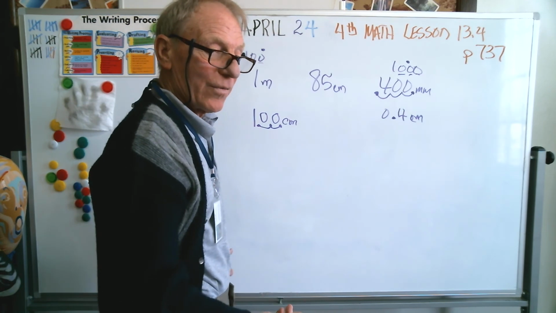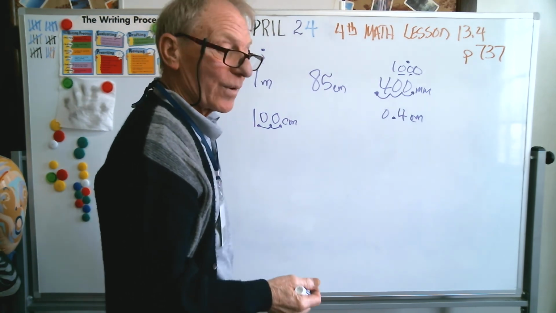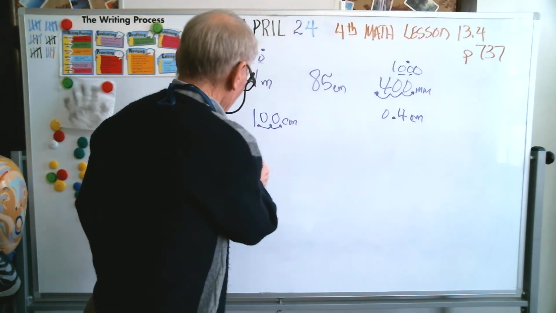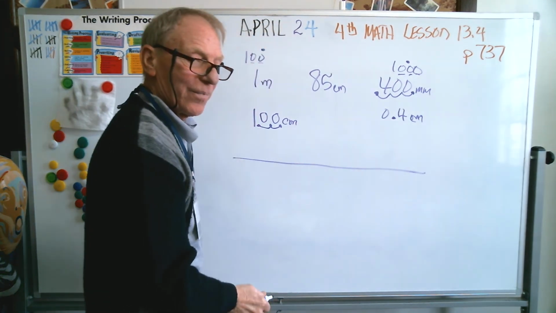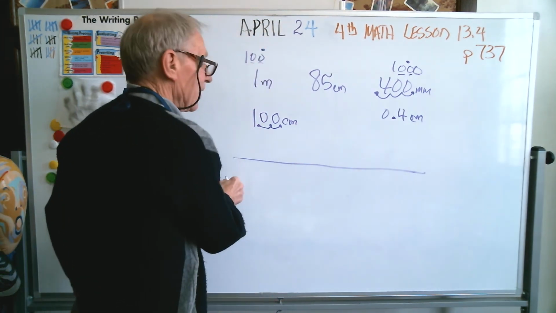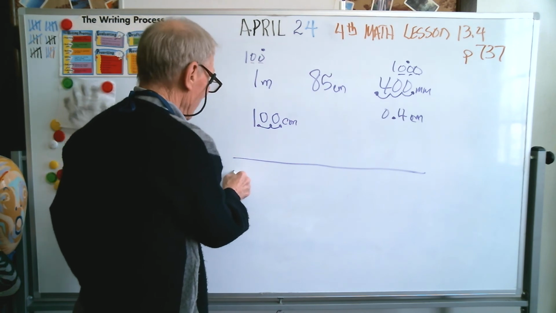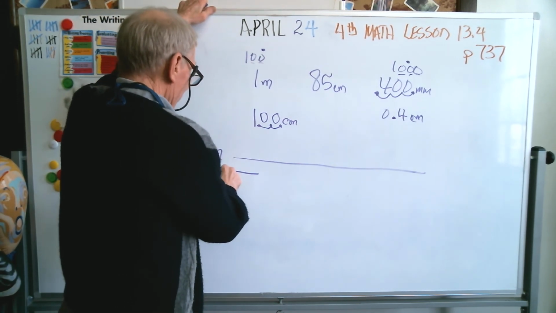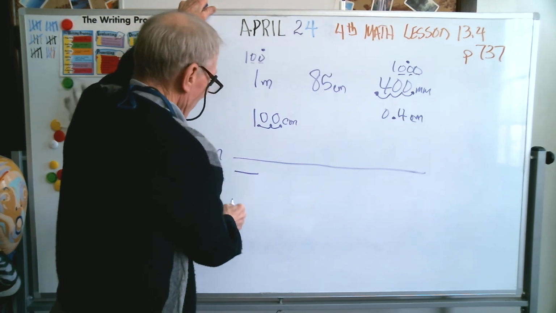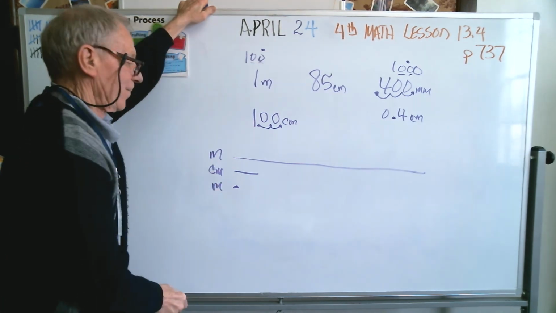So that's how easy it is to do this conversion. You just got to remember that this is a meter. Are you with me? So this is your meter, this is your centimeter, and this is your millimeter.